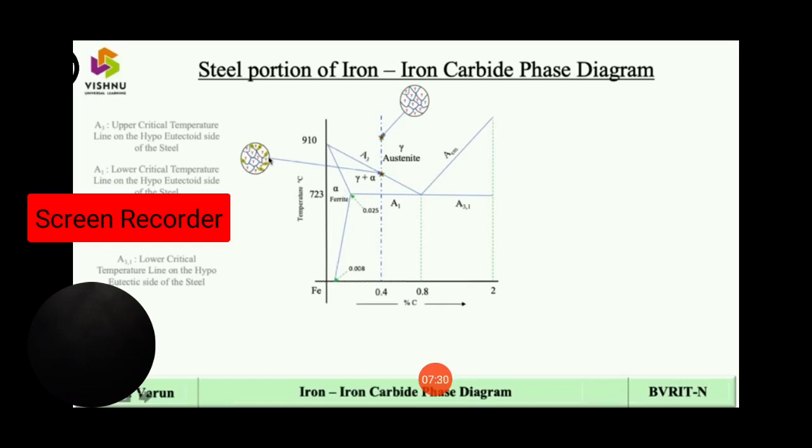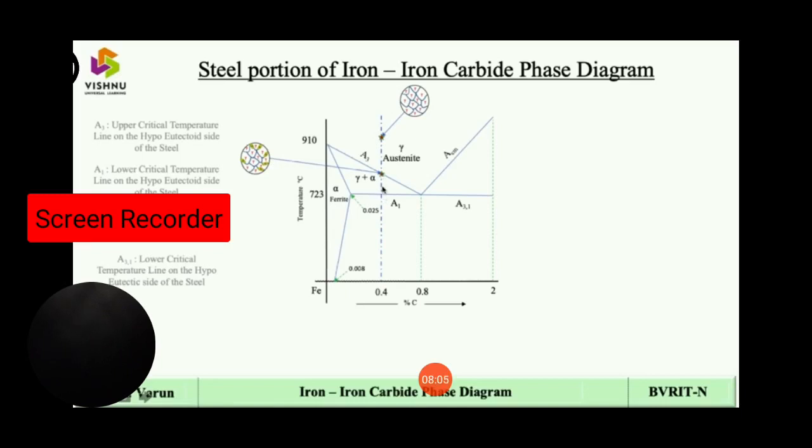The rest of the carbon which has come out from the gamma iron will be absorbed by the other gamma iron or austenite, and that is how the austenite will increase its carbon content and try to attain the eutectoid composition, which is 0.8. It only dissolves 0.025% of carbon in order to form alpha iron. And this alpha iron which is formed will grow in size from this point until it cools to this point.